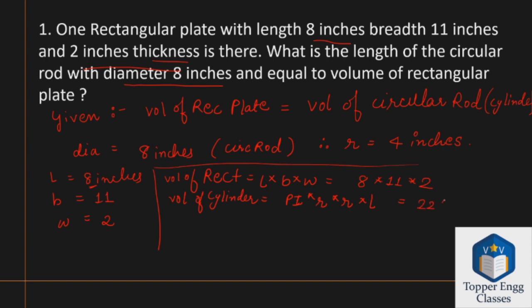pi, that is 22 by 7, into 4 into 4 and into length. Now we have to calculate the length first. So here, 8 into 11 into 2 into 7 by 22 into 1 by 4 into 1 by 4.